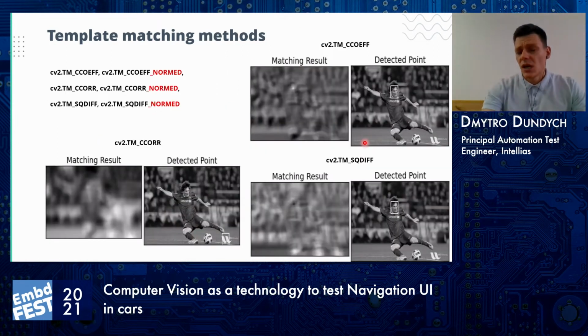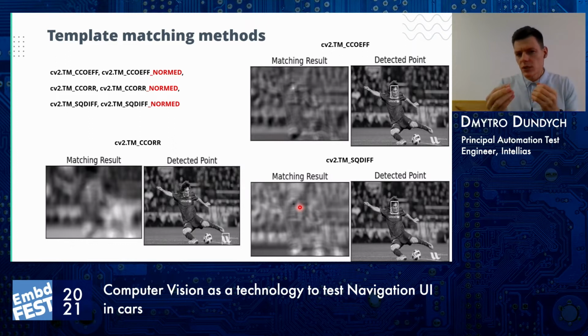There are a lot of methods here to find the lightest point or the darkest point, and they actually work better for different situations and different images. But the most interesting one here is the normed coefficient. The lightest point, a 100% match, is 1.